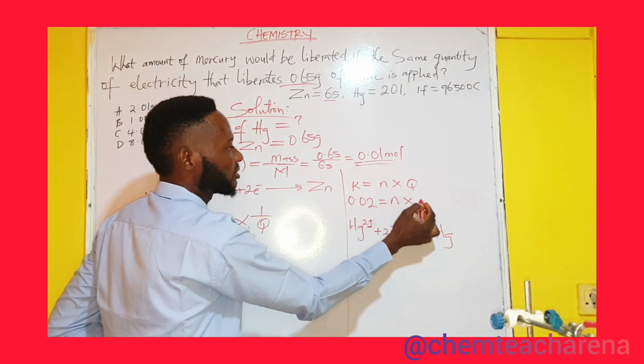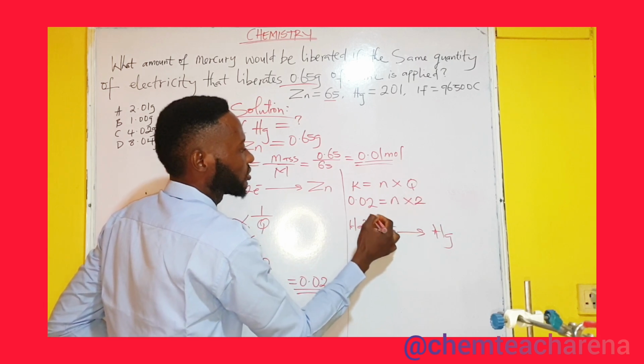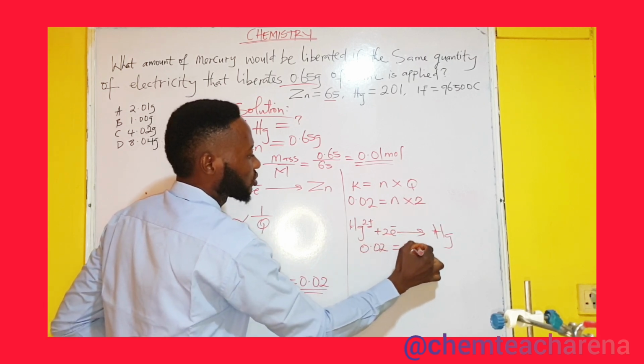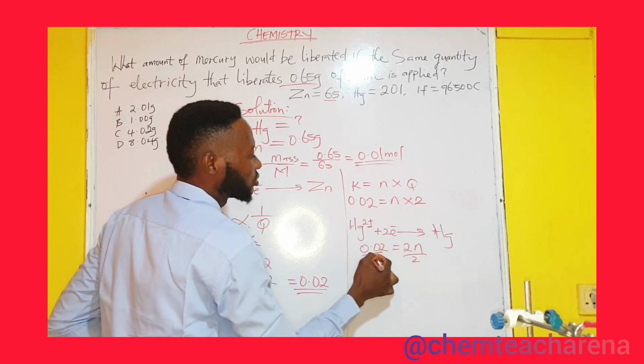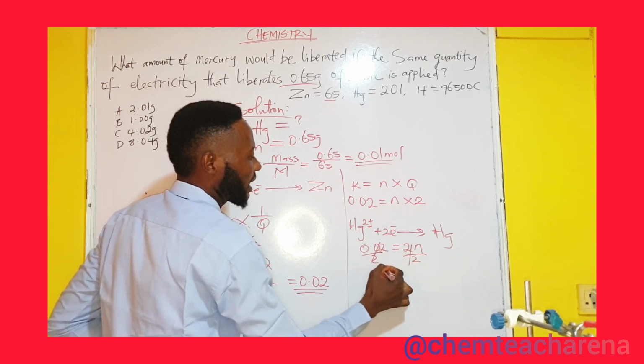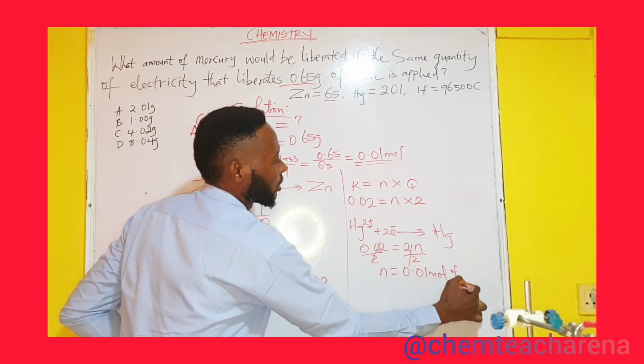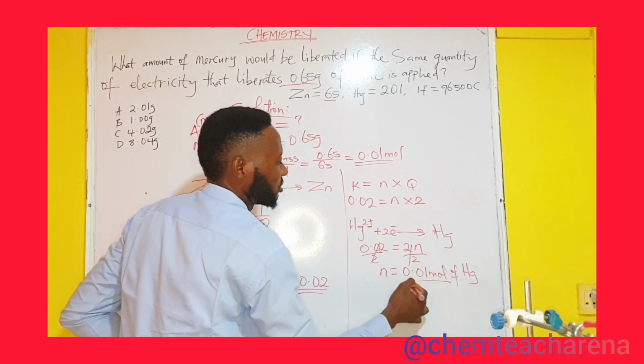So 0.02 equals 2n. Divide both sides by 2, and n is equal to 0.01 mole of mercury. We've gotten the mole of mercury.